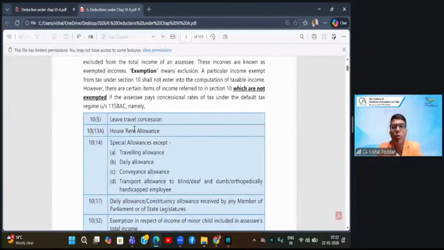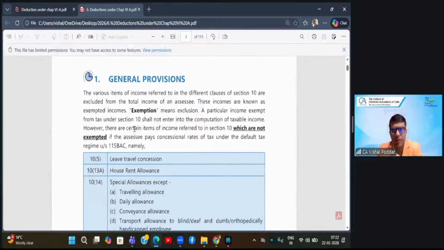Now, moving forward, first we discuss the difference between section 10 and section 80. Section 10, as you all know by now, deals with those incomes for which the tax has been, for the time being, exempted. That is, where you are not required to pay tax.